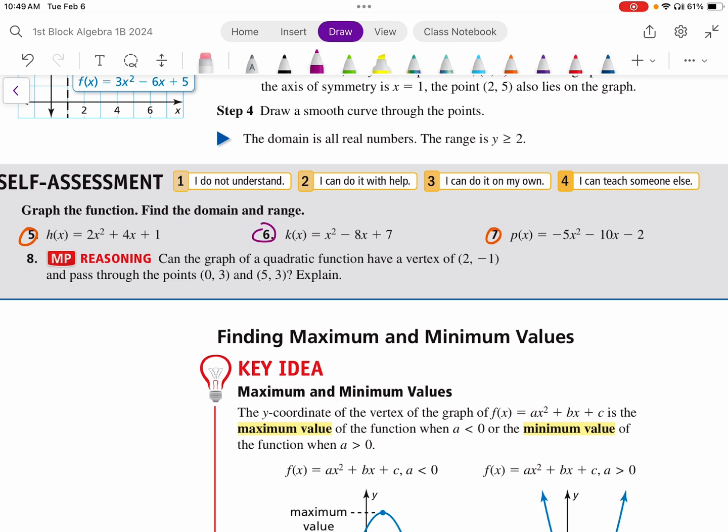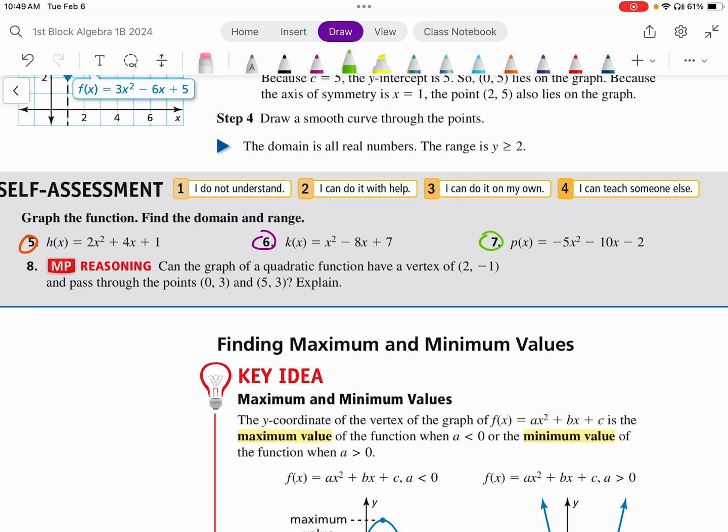All right, I'm going to do these in different colors so that you can clearly see which one I'm working on. First over here, I'm going to find the vertex and the axis of symmetry. So for 5, I'm going to use orange. X equals negative 4 over 2 times 2, which is negative 4 over 4, which is 1.